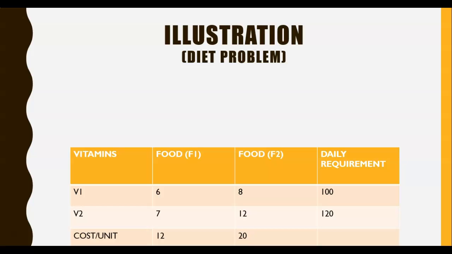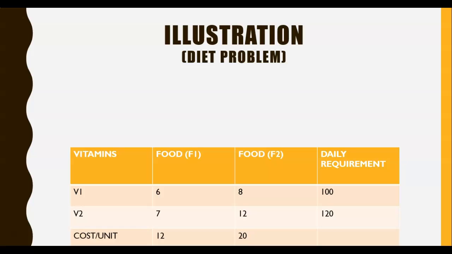Suppose we have to take the required amount of vitamins from two types of foods, F1 and F2, which contain different quantities of vitamin B1 and B2 as given in this table, and the cost per unit of the different foods F1 and F2 is also provided here.